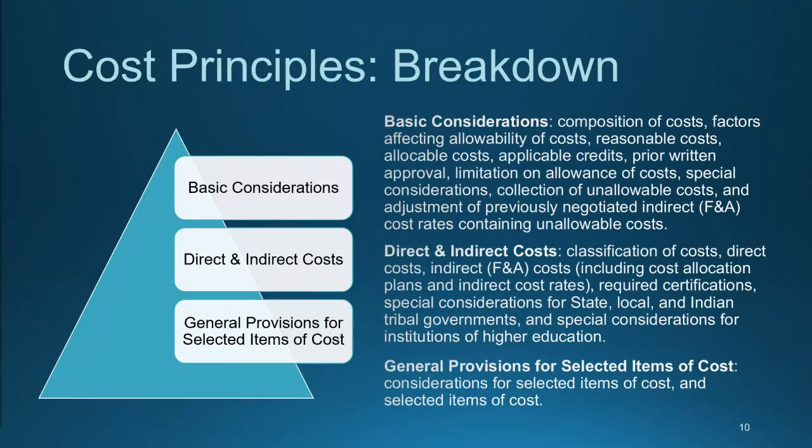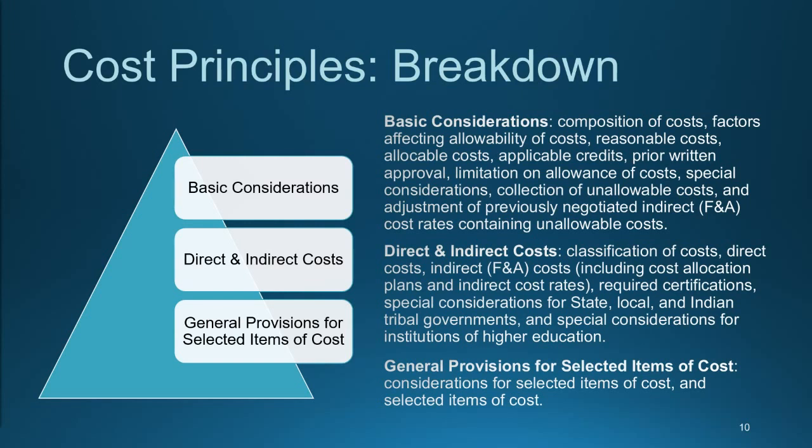Okay. When we talk about cost principles, they break down into 3 general categories: basic considerations, direct and indirect costs, and then the general provisions for selected items of cost. We're going to touch on bits and pieces of each of these today. We're not going to cover all of them in their full detail because we just don't have the time for that.